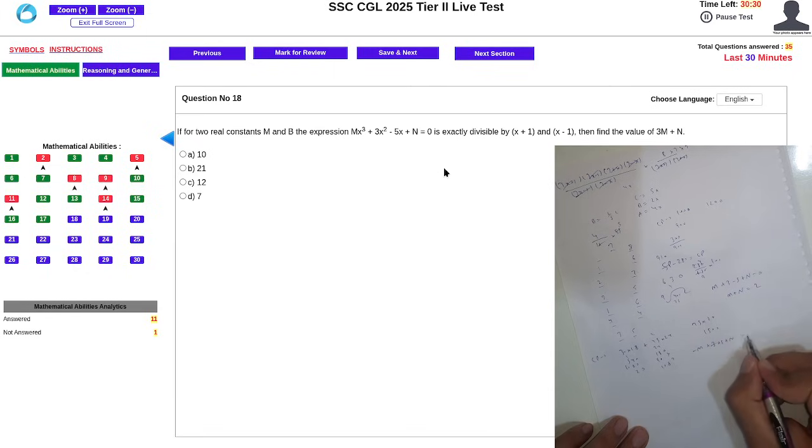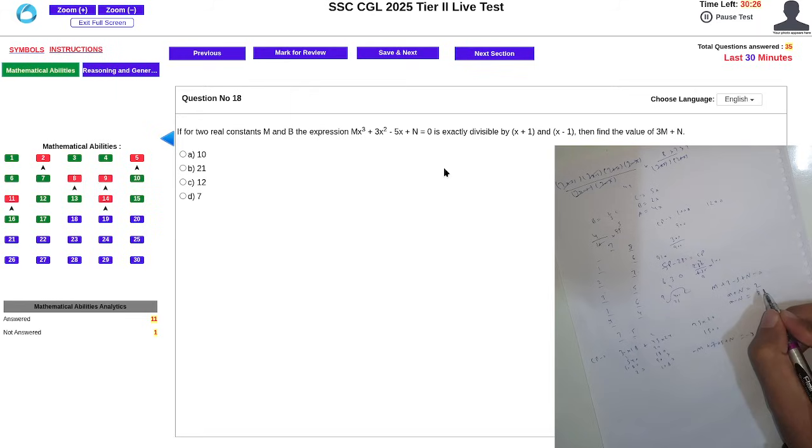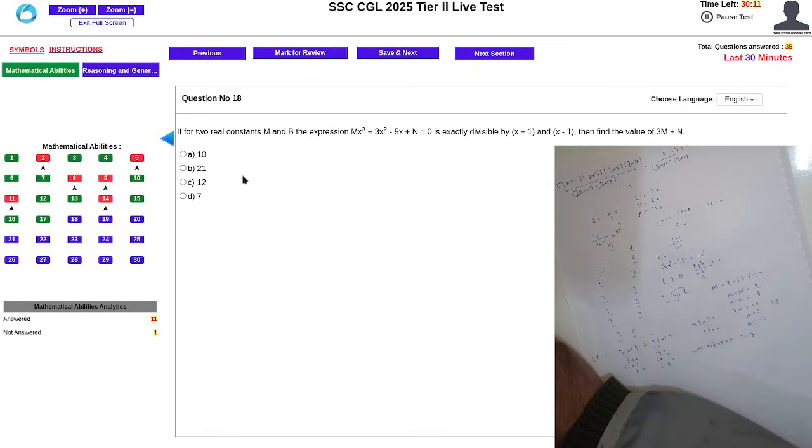So equals to minus 8, m minus n is equal to 8. 2m is equal to 10, m is equal to 5. n is equal to minus 3.